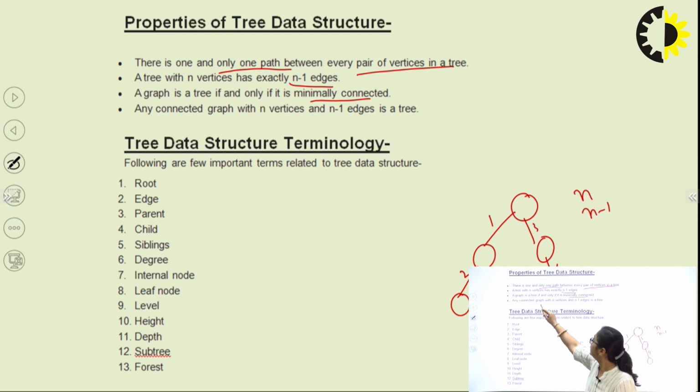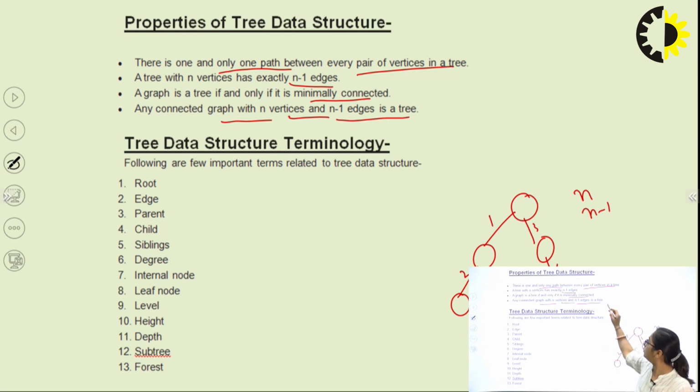Any connected graph with n vertices has n minus 1 edges in a tree. This is a property of a tree. There is also basically terminology of the tree data structure which we usually use to describe the data structure of a tree.